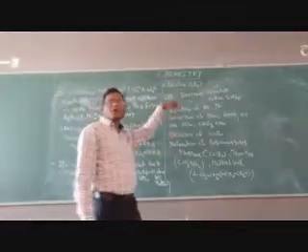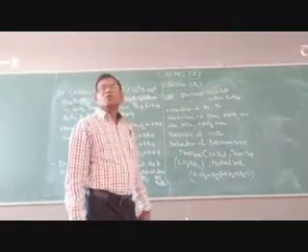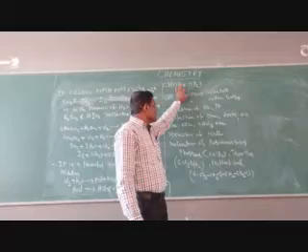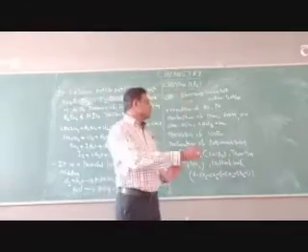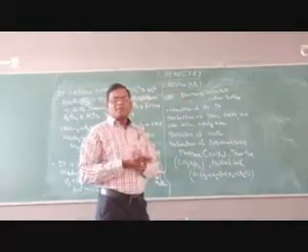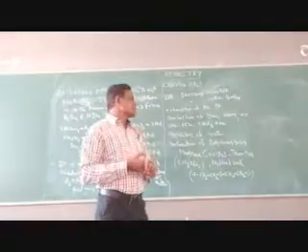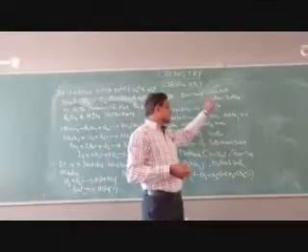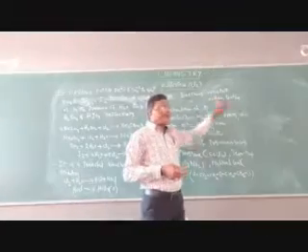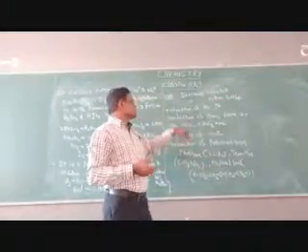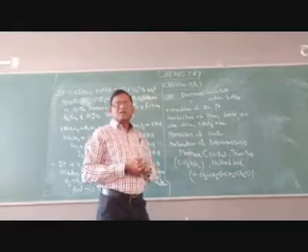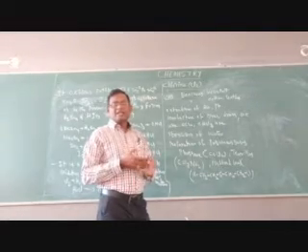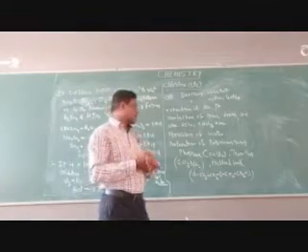Next, what about the uses of chlorine? Mainly chlorine is used as a bleaching agent in wood pulp, cotton, and textile industries. Wood pulp means paper industries. Chlorine gas is also used for the extraction of noble metals like gold and platinum.